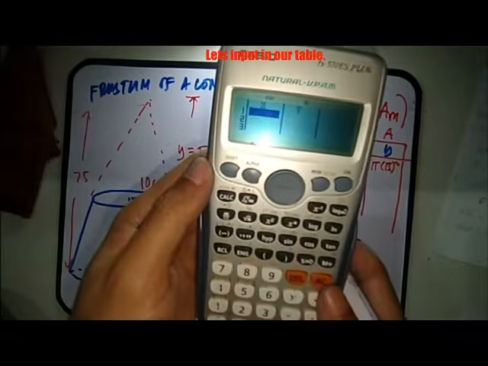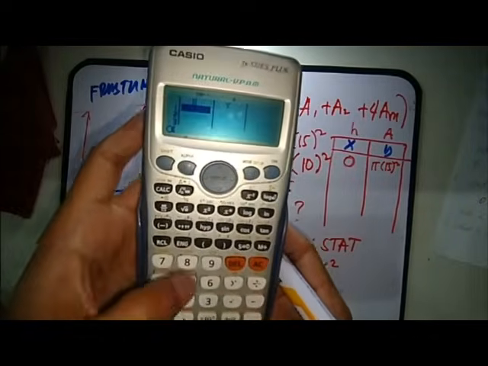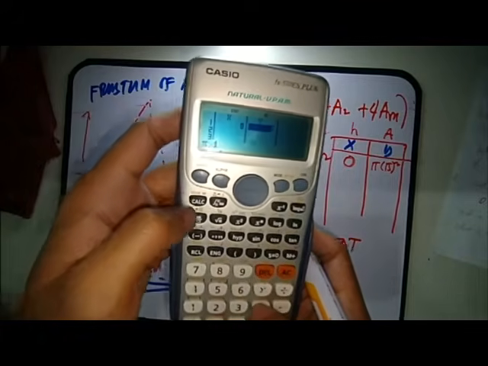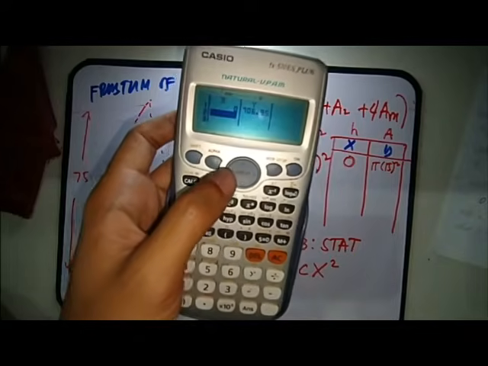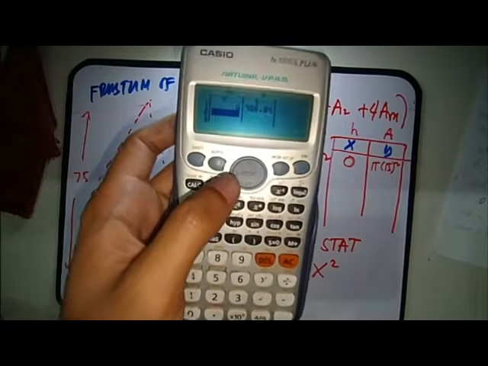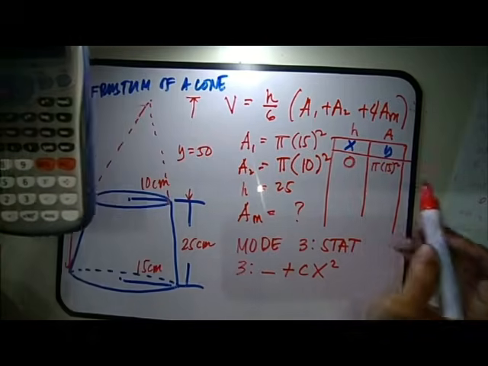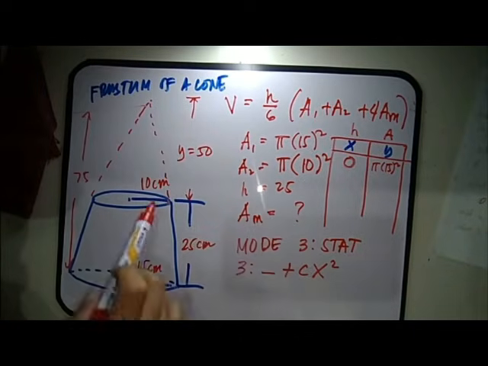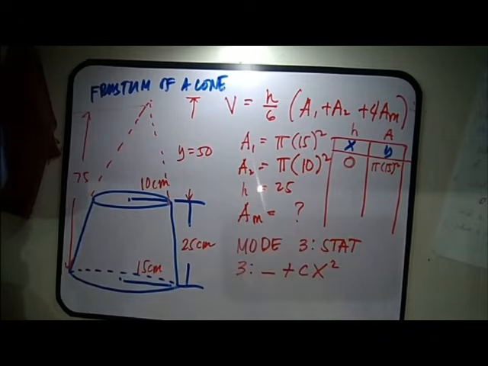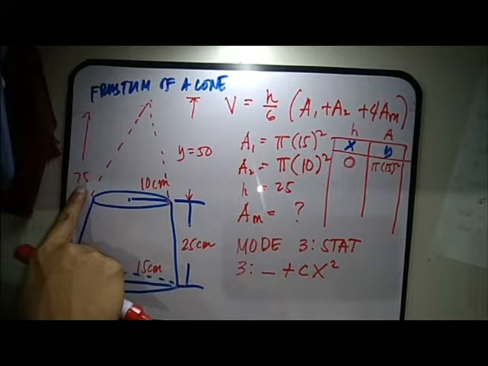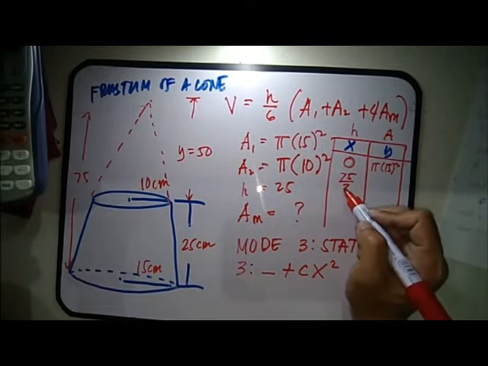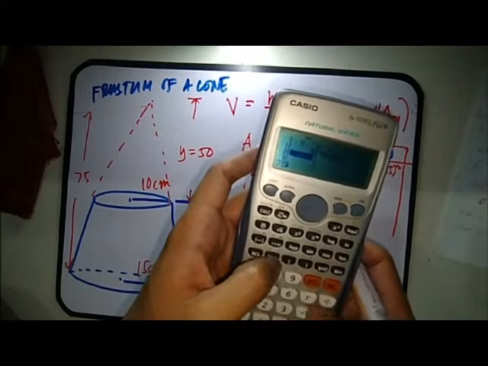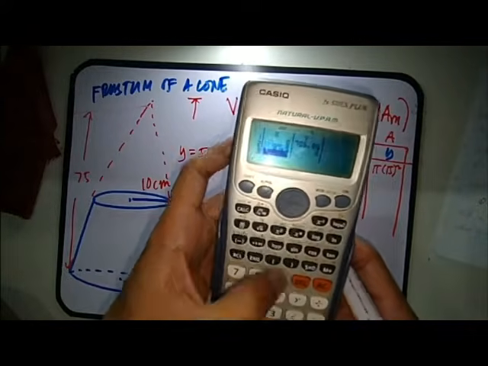So input natin dito, so at height 0, you have pi times 15 squared. Equals lang. Then proceed tayo dun sa, let's say, mean. So yung cone natin, wag muna natin pansinin yung frustum. So cone lang muna siyang buo. So yung cone natin, at height, you have 75 over 2. So this is at 1 half. 75 over 2 divided by 2.